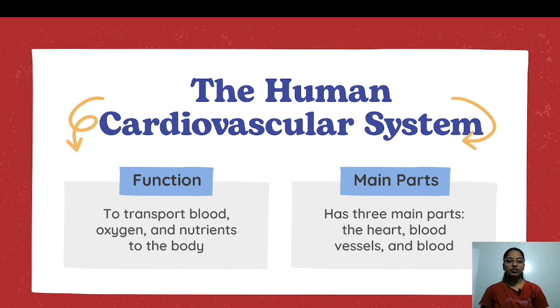Blood is important for all body organs, for their nourishment and growth. So blood transports oxygen and nutrients. You can see here that oxygen and nutrients are transported by the blood to all body parts. This is the function of the cardiovascular system, correct? Now, the main parts of the cardiovascular system are the heart, the blood vessels, and the blood. These are the three main parts of the cardiovascular system.